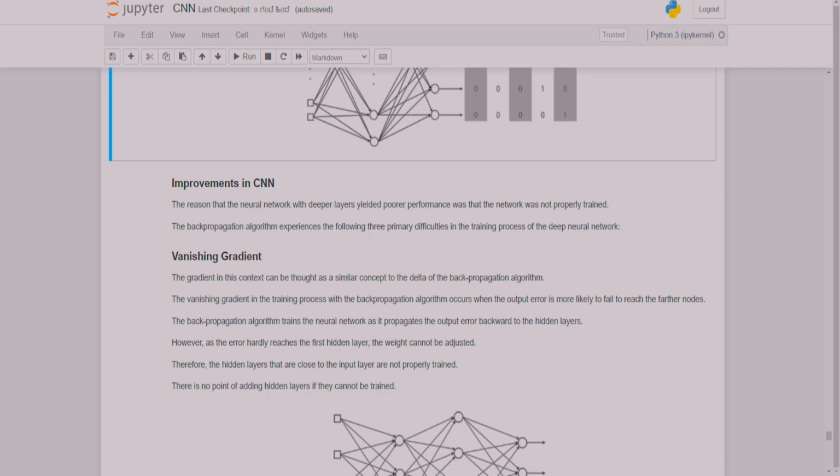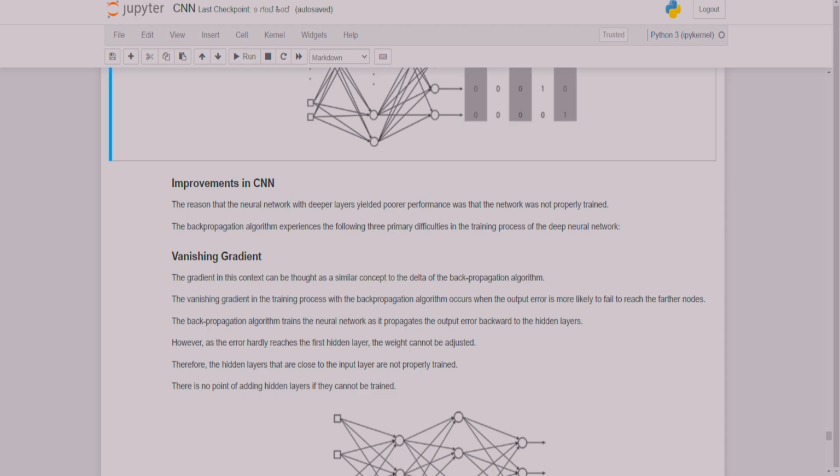So this topic is what are the improvements in CNN compared to a simple neural network, or the neural network with more hidden layers. You can call it a deep neural network as well, because the number of neurons is more over there. Ideally speaking, if I improve the number of hidden layers, the machine should be capable of learning more, and the result is expected to improve.